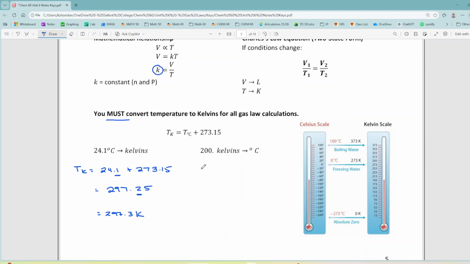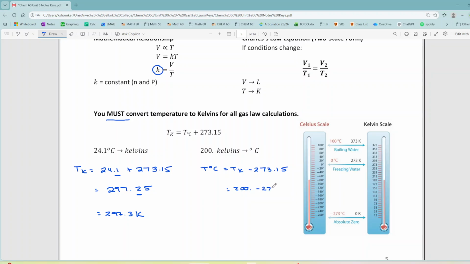So just be careful. And then if they wanted you to convert your answer back to Celsius, you would do that: the temperature in Celsius is equal to the temperature in kelvins minus 273.15. So we would take that temperature in kelvins, that 200, and now that one's precise to the ones.